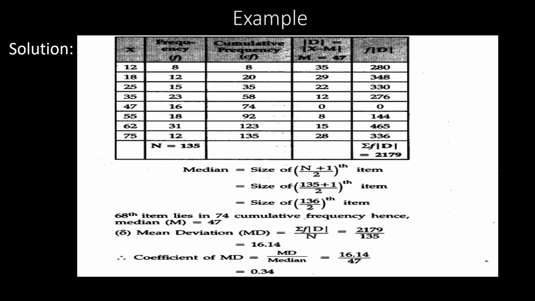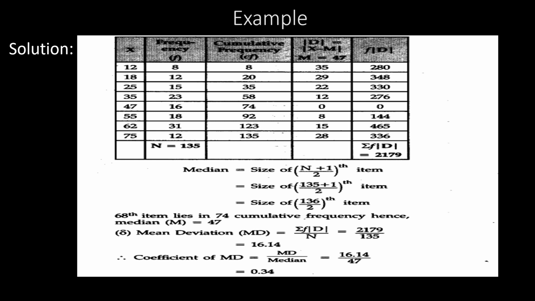If an equal value does not exist in the cumulative frequency column, then we consider the value just greater than the (N plus 1) by 2th quantity. So here, just greater than 68 is 74 in the cumulative frequency column. So the corresponding x value is your median, which is 47 here.